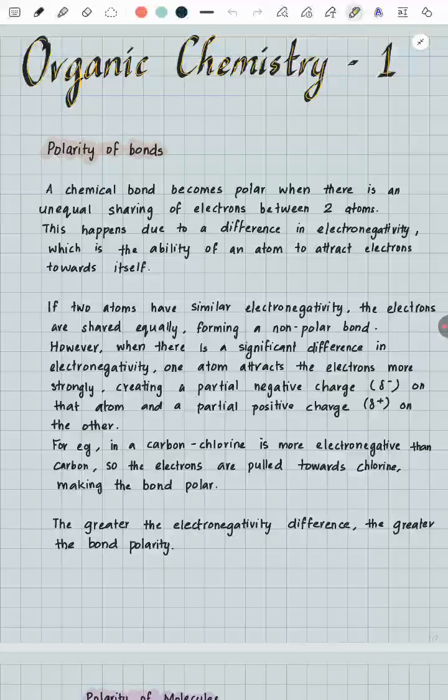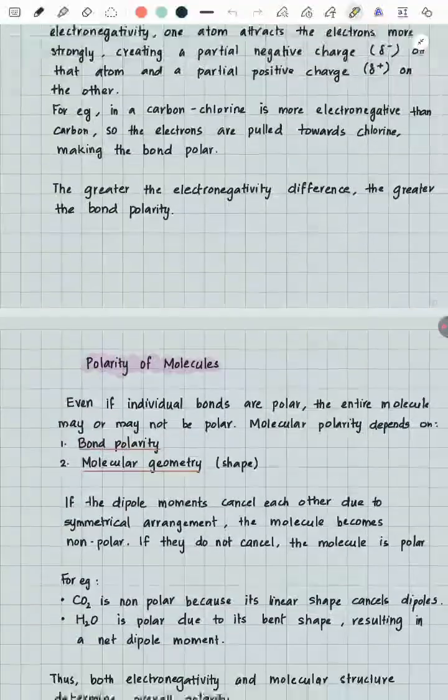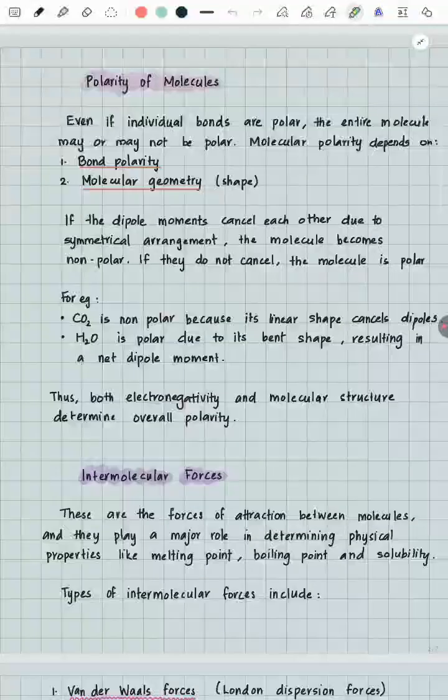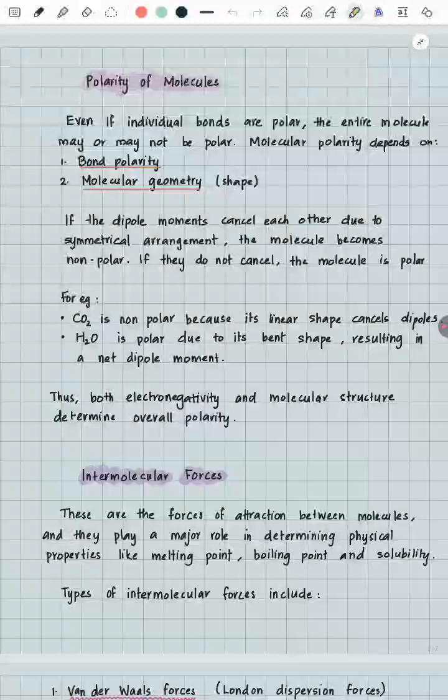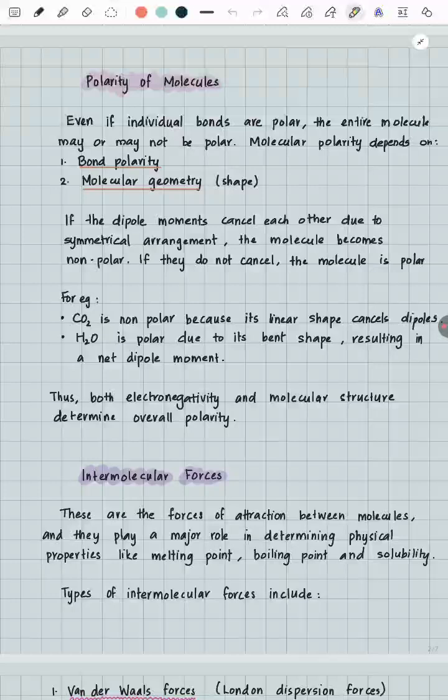Now, moving from the individual bonds to the entire molecule, we come to the polarity of molecules. A molecule may contain polar bonds, but that does not necessarily mean that the molecule itself is polar. The overall polarity depends on both the polarity of the individual bonds and the shape or geometry of the molecule.